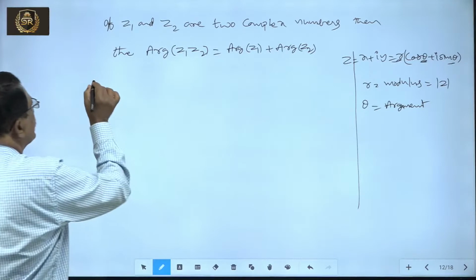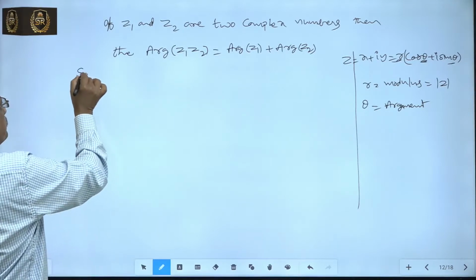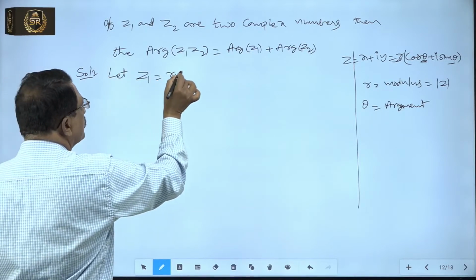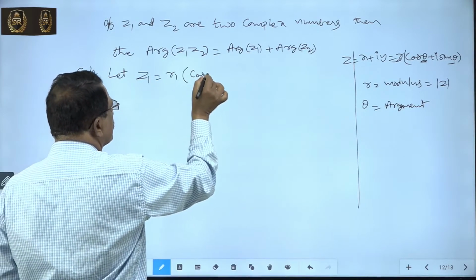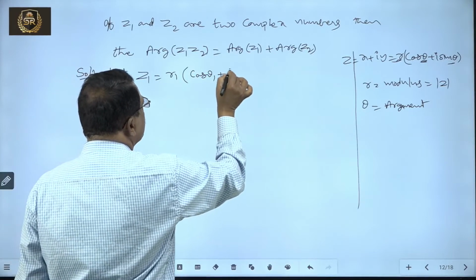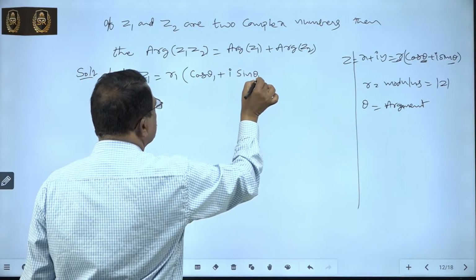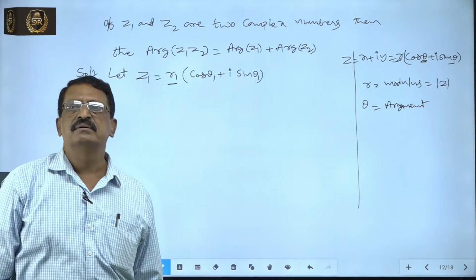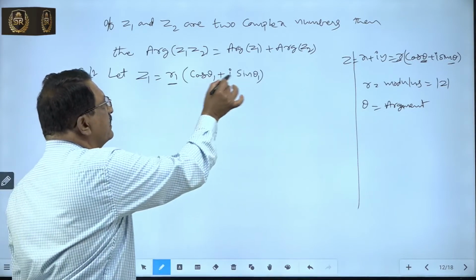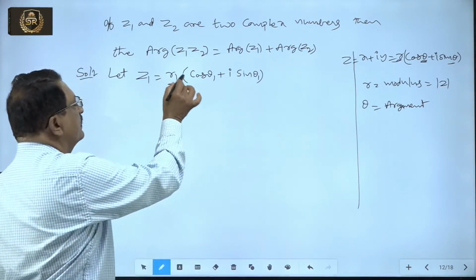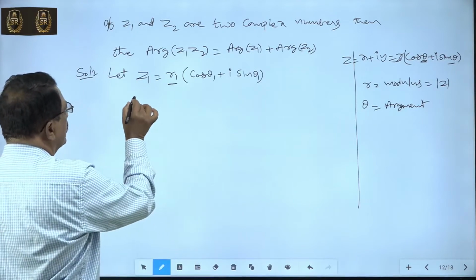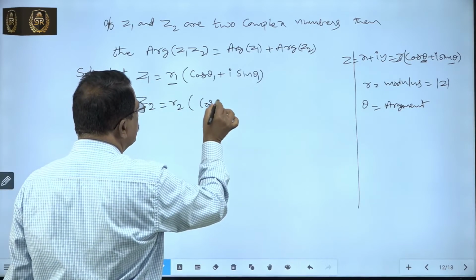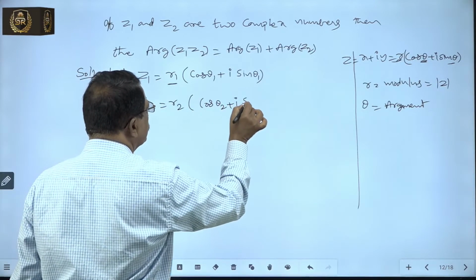Now the first solution: let z1 equal r1 into cos theta 1 plus i sin theta 1, where r1 is the modulus of the complex number z1 and theta 1 is its argument. Now also let z2 equal r2 of cos theta 2 plus i sin theta 2.